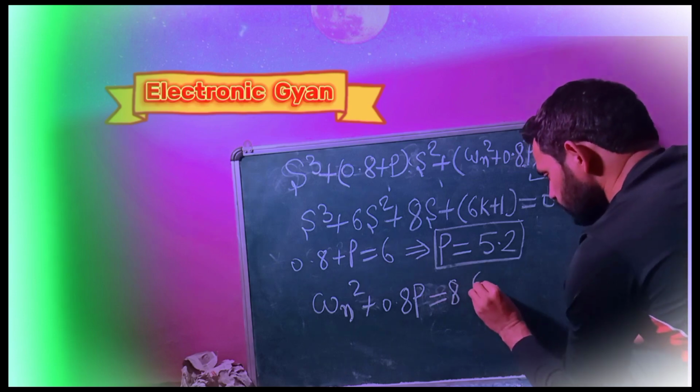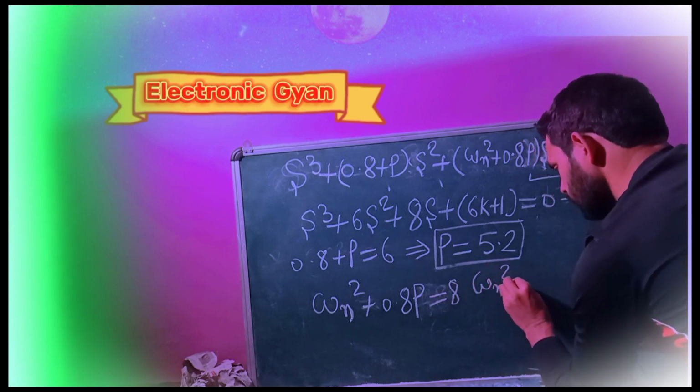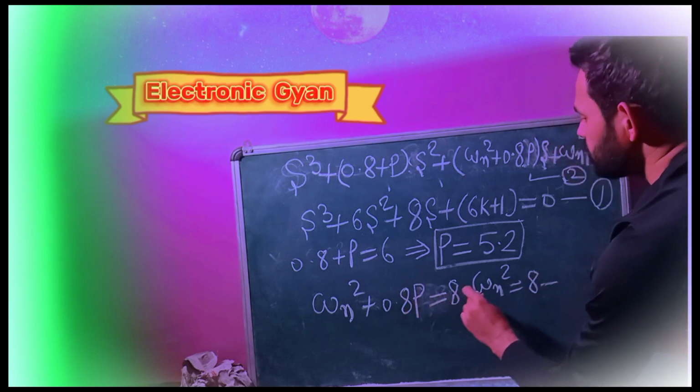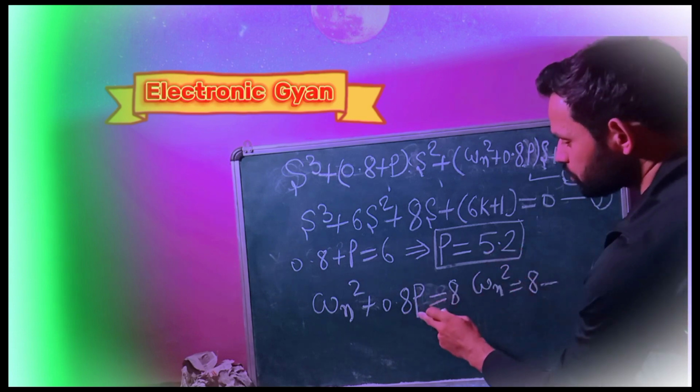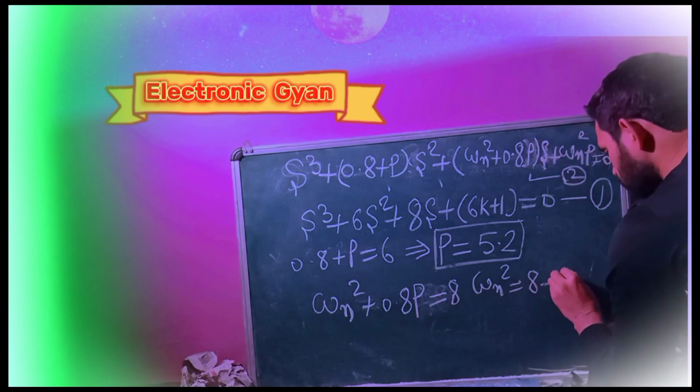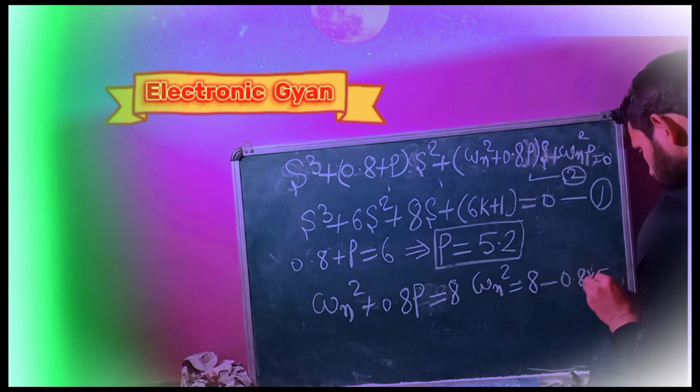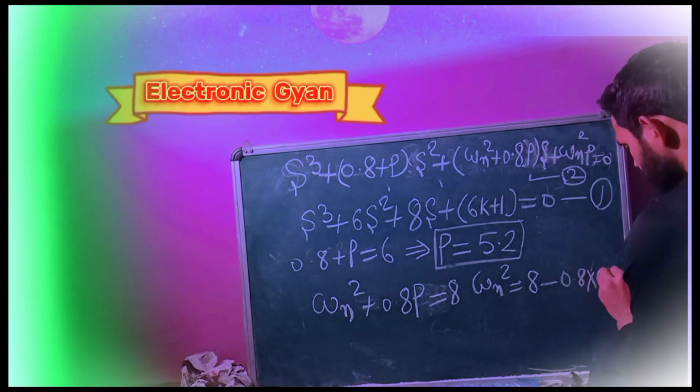Now from here what will we get? Omega n square is equal to 8 minus 0.8p, that means 0.8 into 5.2.